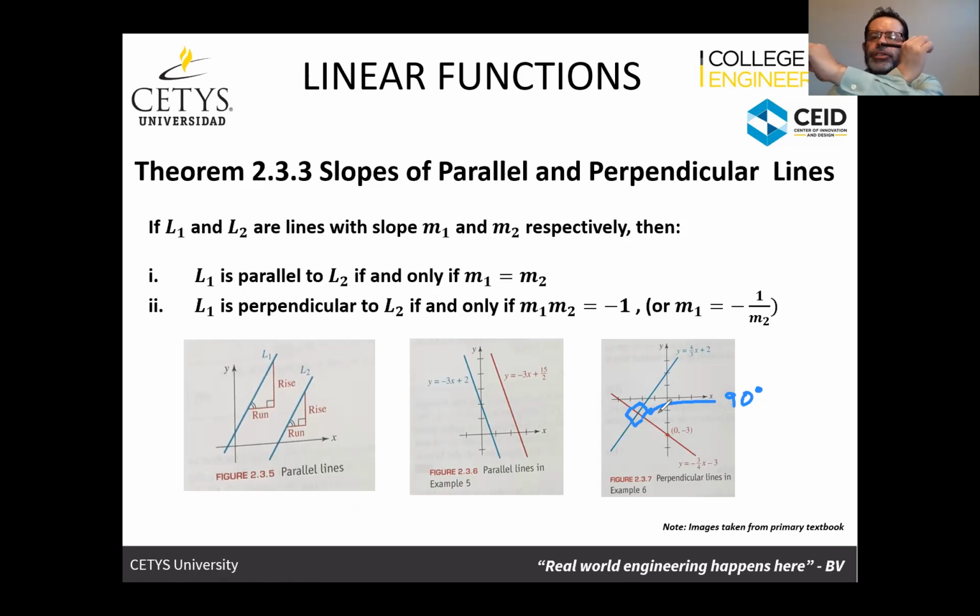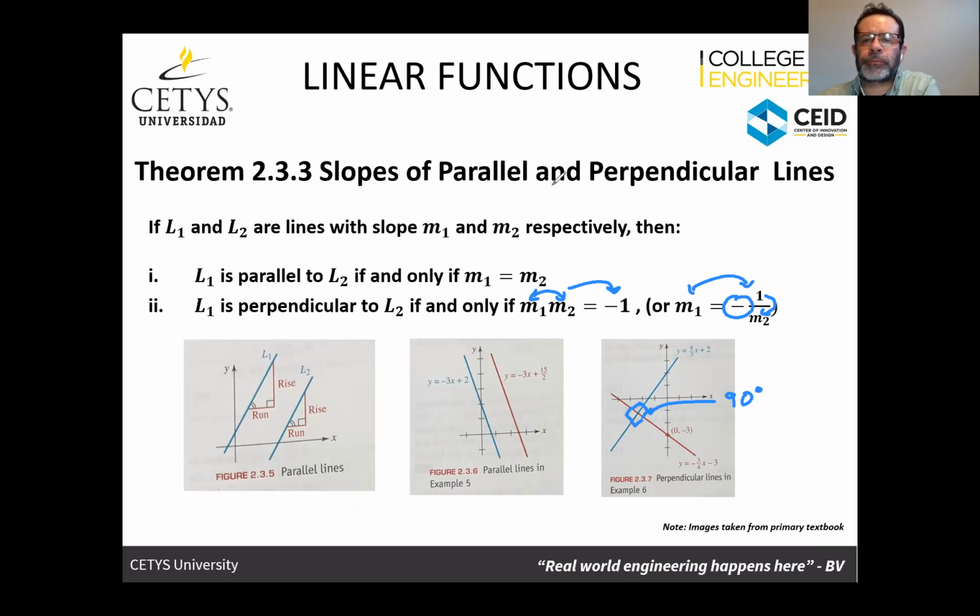When we have an intersection of two lines at 90 degrees, we say that the lines are perpendicular. The relationship between the slopes of perpendicular lines is that if I multiply the two slopes, they give me -1. Or one slope is the negative reciprocal of the other slope.